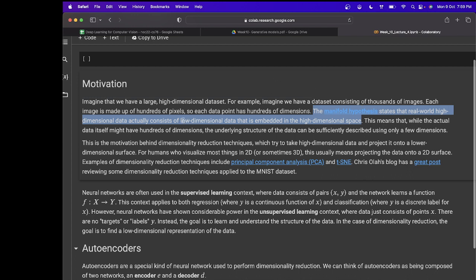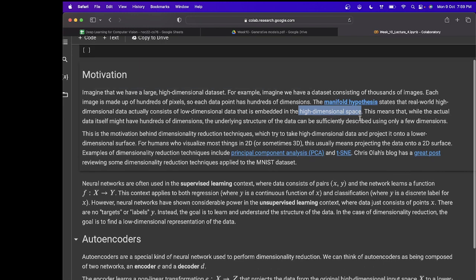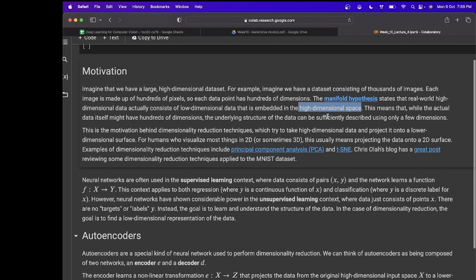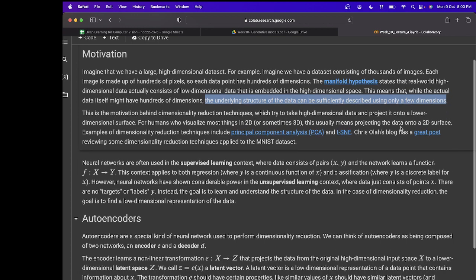So even though the actual data might have hundreds of dimensions, the underlying structure of the data can be sufficiently described using only a few dimensions. Hence the entire motivation behind generating a small feature vector that would represent the entire image, which can itself act as a generator, so you can generate new images.